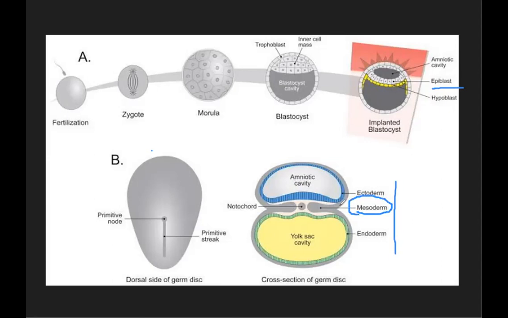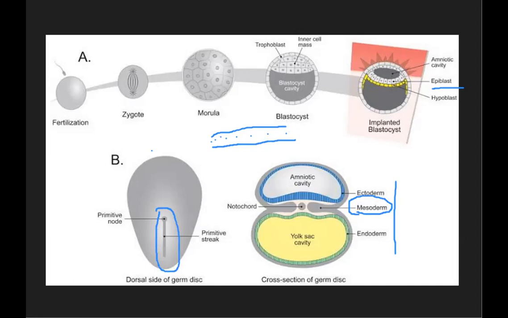In this picture, if you ask me to draw, let's say I draw this little thing in this way, we have this layer of epiblast, and then we have this layer of meso, and then we have the layer of endoderm. So ectoderm, meso, and endoderm.